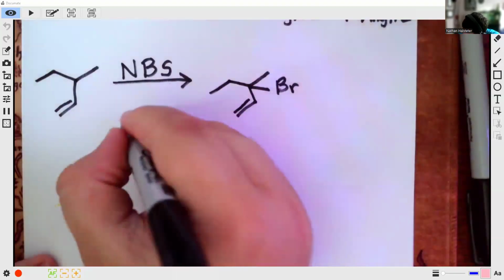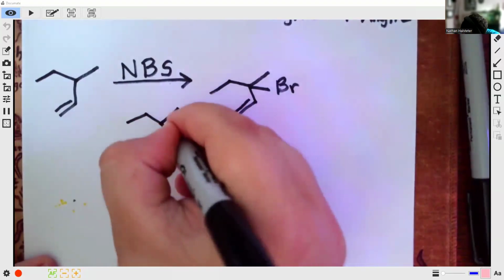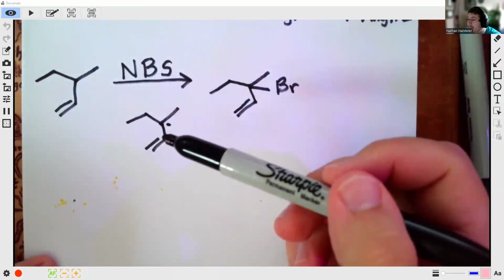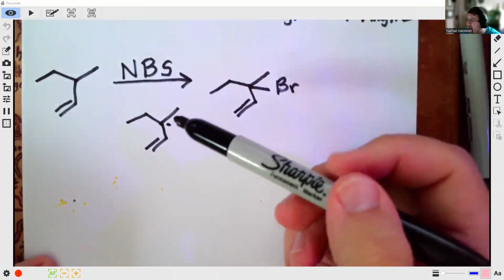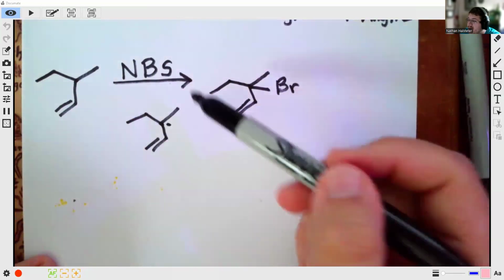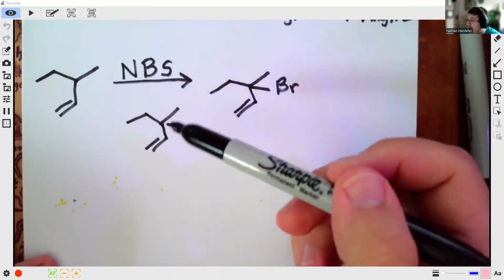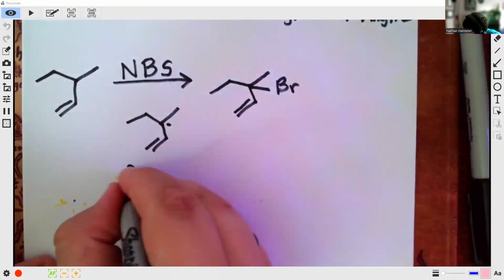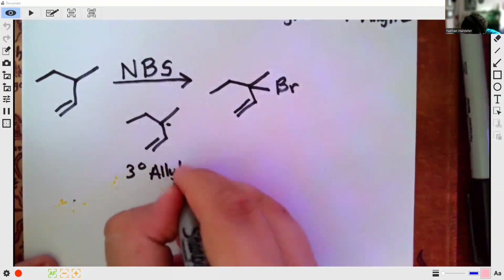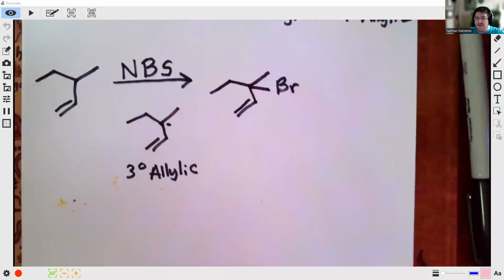Our intermediate for this reaction looks like this, right? We always want to form the most substituted radical intermediate. So this one is mono, di, tri-substituted, what we would call tertiary. It's a tertiary radical. Not only is it tertiary, because it's next to a pi bond, it's tertiary allylic. So if we go to do our resonance here, let's see what we get.